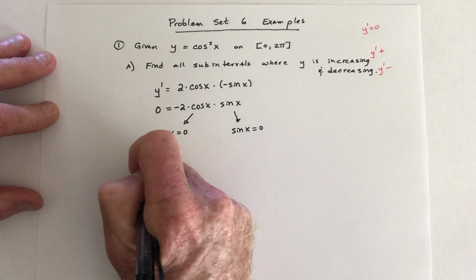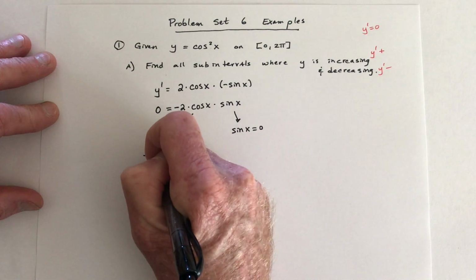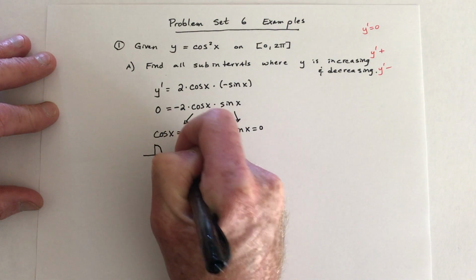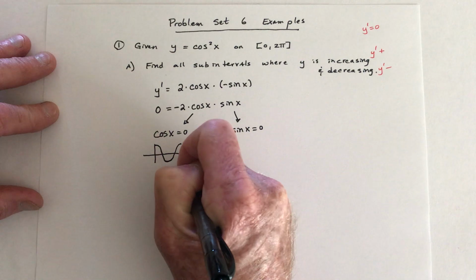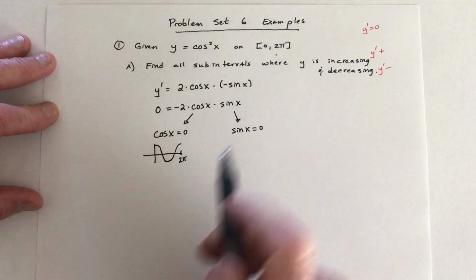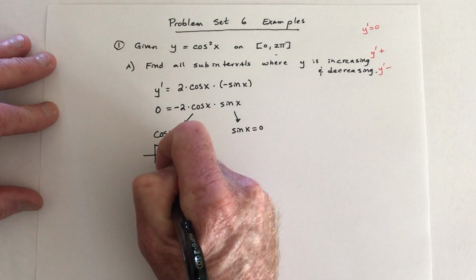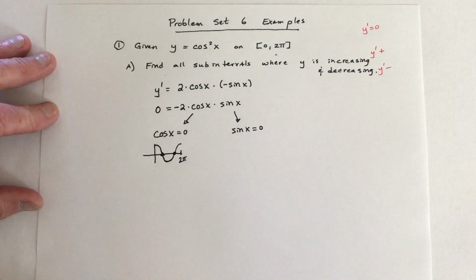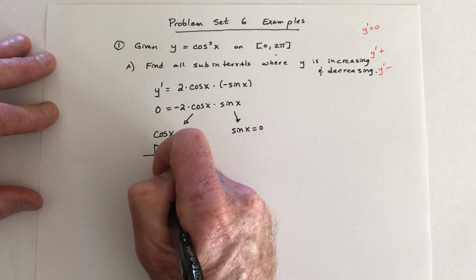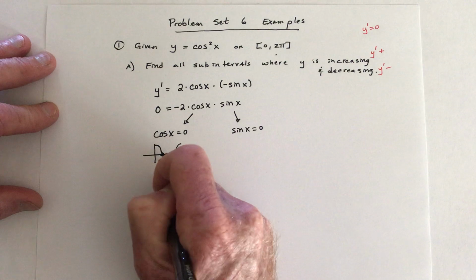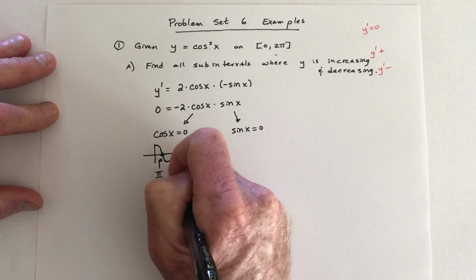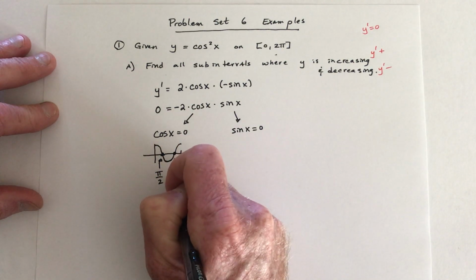So I like to just use the graph of cosine, which looks like this, from 0 to 2 pi, just like the direction said, 0 to 2 pi. And then where it equals 0 is where it crosses the x-axis, and this one is going to be pi over 2. And this one will be 3 pi over 2.